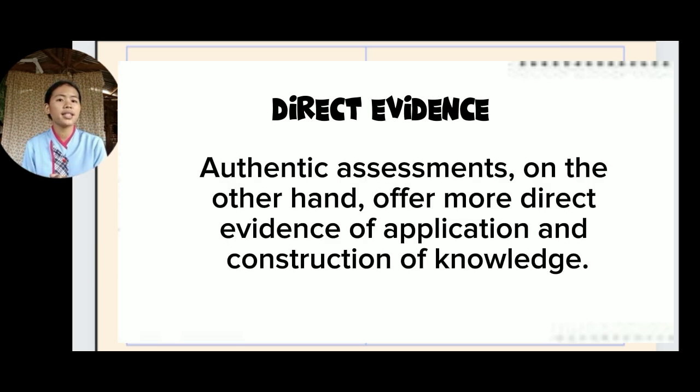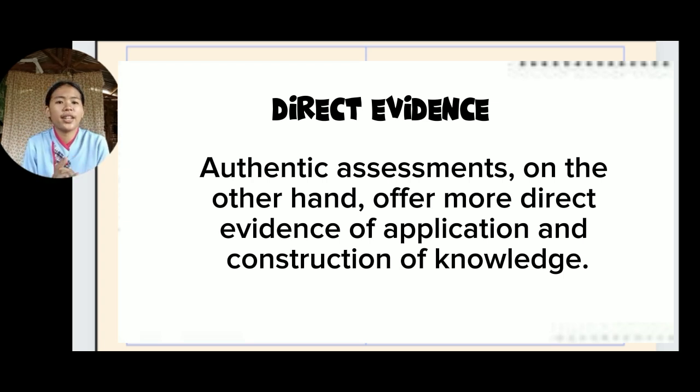Authentic assessments, on the other hand, offer more direct evidence of application and construction of knowledge. As in the golf example above, putting a golf student on the golf course to play provides much more direct evidence of proficiency than giving the student a written task.